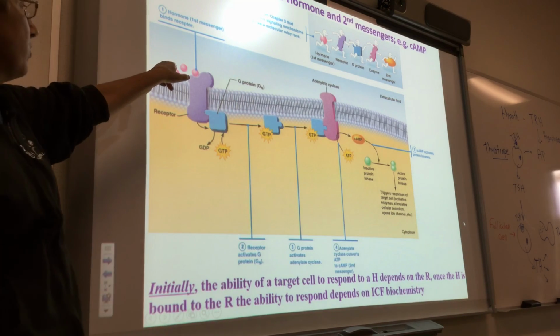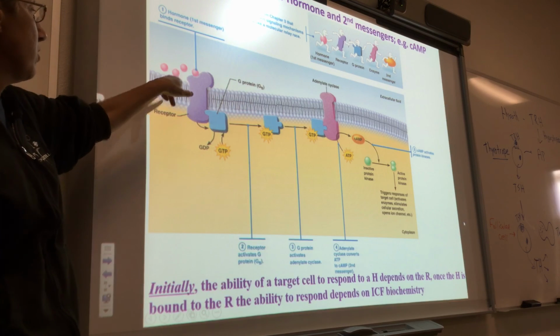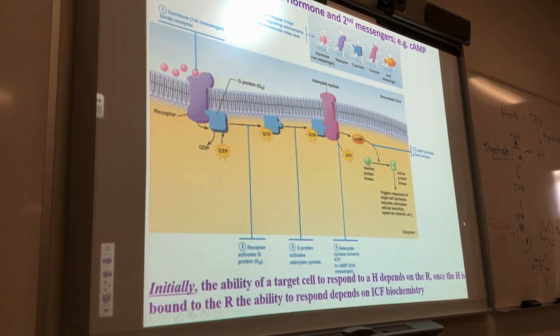Why does this hormone have to bind a receptor? Why can't it just move right through the plasma membrane? Because this hormone is hydrophilic, aka, how's it feel about fats? Lipophobic. Yeah, okay, good. So the ability of the target cell to respond to a hormone depends on the receptor.